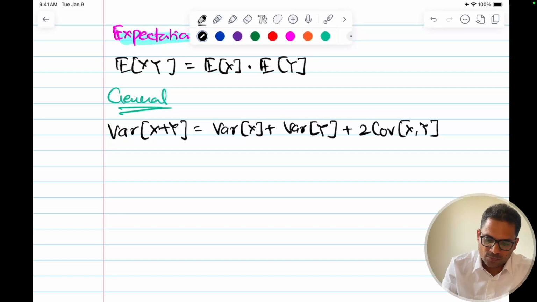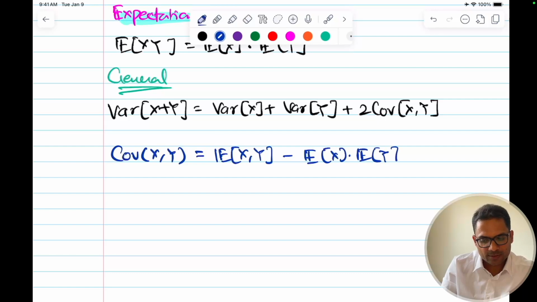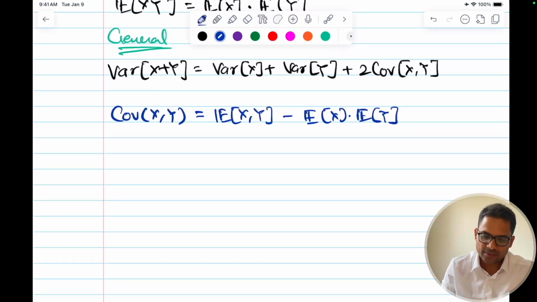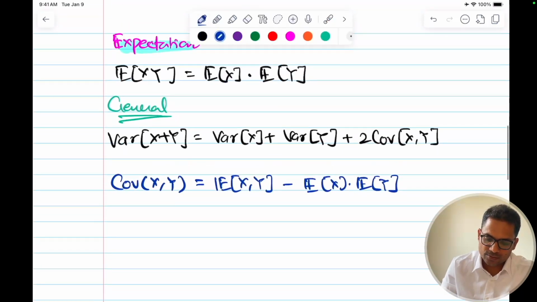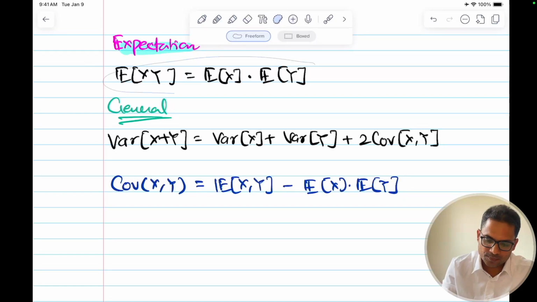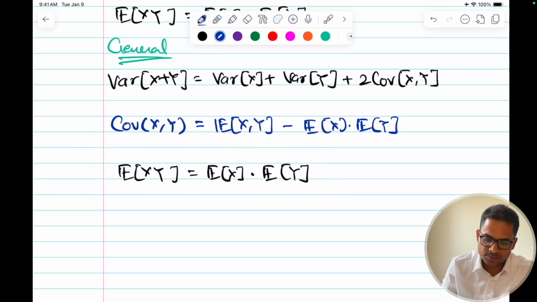Covariance of X comma Y is equal to the expectation of XY minus the expectation of X into the expectation of Y. But for independence, if these are independent, these two terms are equal.